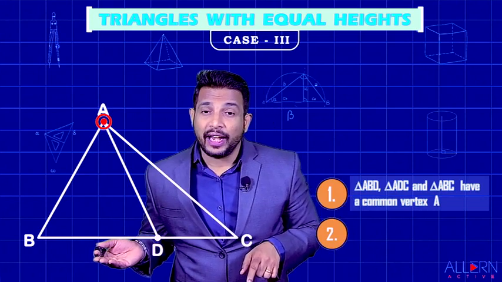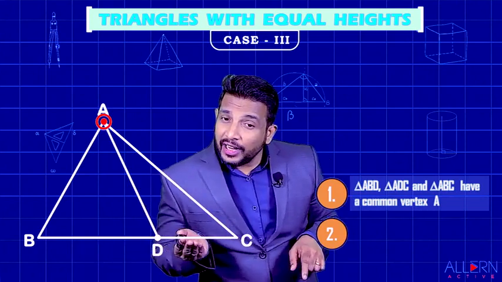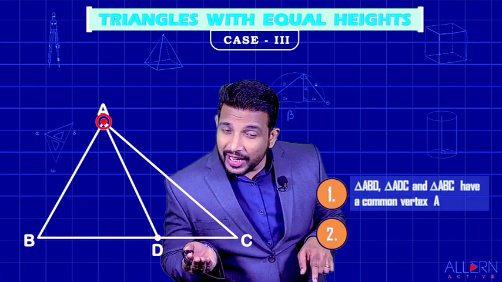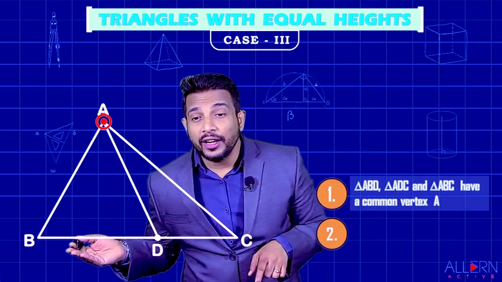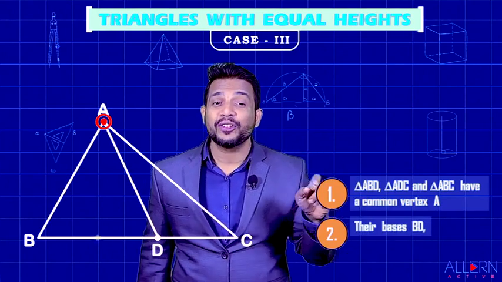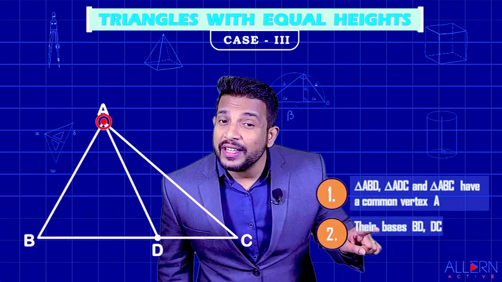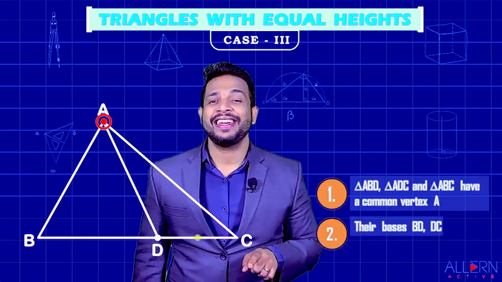The base BD for triangle ABD, the base DC for triangle ADC, and the base BC for the third triangle, all the bases are on the same line. So we write there that the bases BD, DC, and BC lie on the same line.